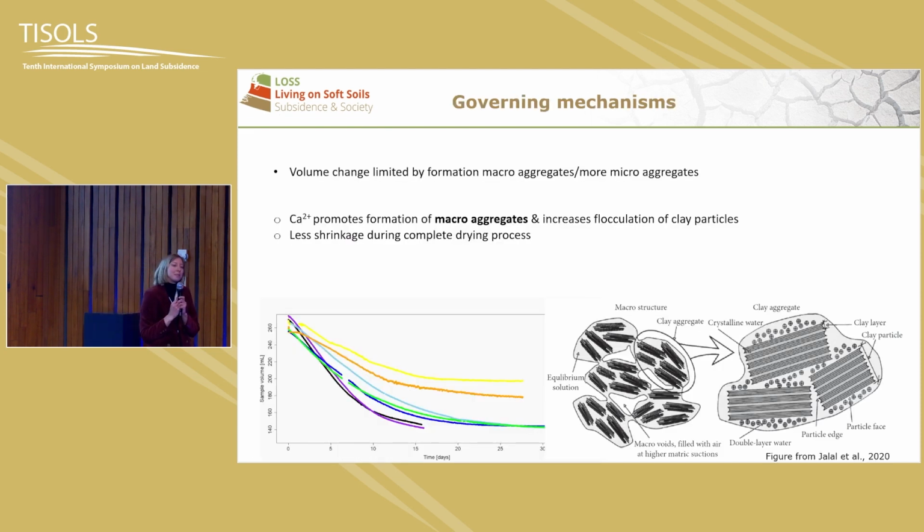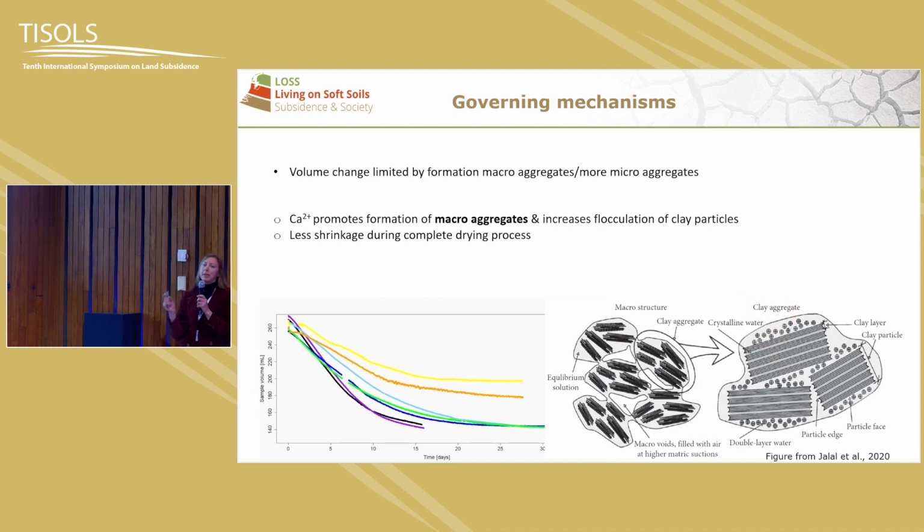So the real question is, what is the governing mechanism here? The big difference between these samples is the calcium, that's why we call it the calcium mix. And there's several explanations. A lot of research has already been carried out, because calcium increases the amount of clay layers that are stacked.